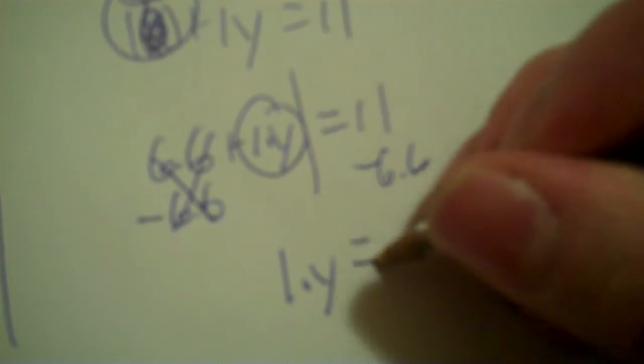So we have 6.6 plus 1y equals 11. So we subtract 6.6. 11 minus 6.6 is 4.4. Divide each side by 1, and you're still at 4.4.